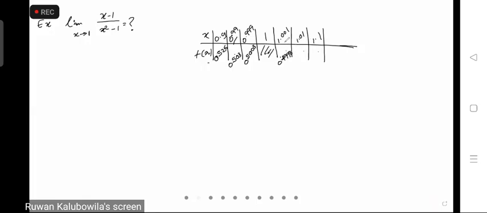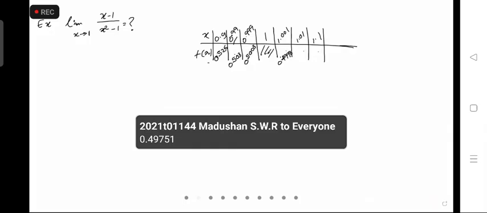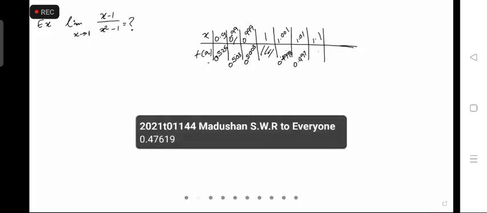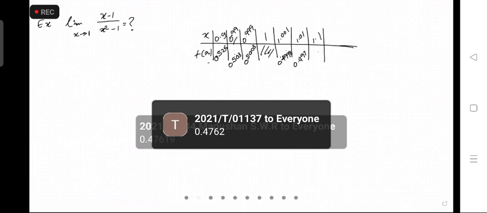For this one, 1.01. Then 1.1. Then 0.476.